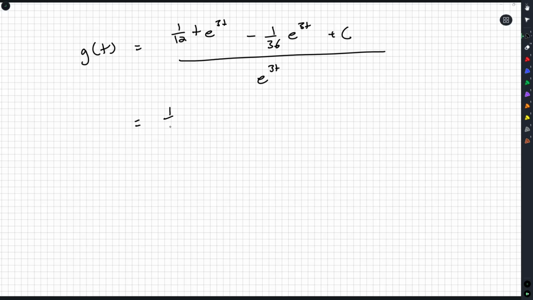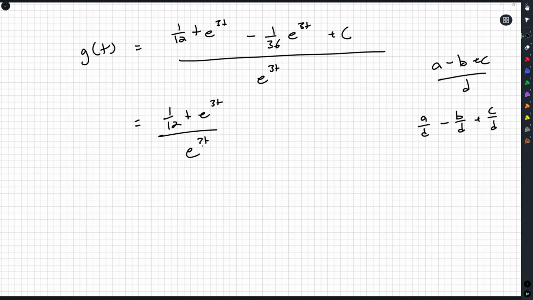Let's go slow here. Split this up, right? If you have a plus b minus c over d, which is what we have here, actually, it's a minus b plus c, but it doesn't really matter. Okay, split it up into fractions before you start simplifying. It can save you some mistakes. So we've got one of these over e to the 3t minus another one over e to the 3t, and then plus this c over e to the 3t.